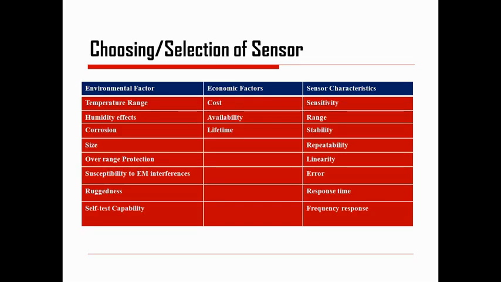Now, how to select or choose any sensor or transducer? First parameter you have to consider is environmental condition. Second one is economic factor. And third one, what are the sensor characteristics?